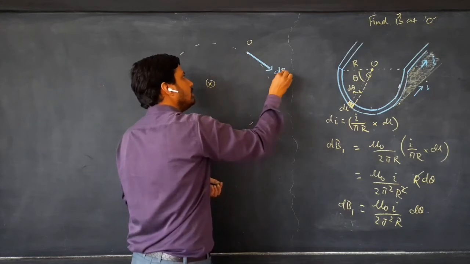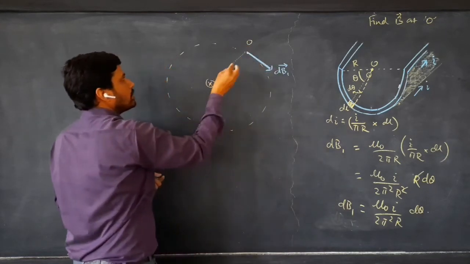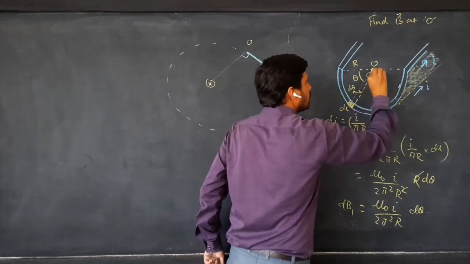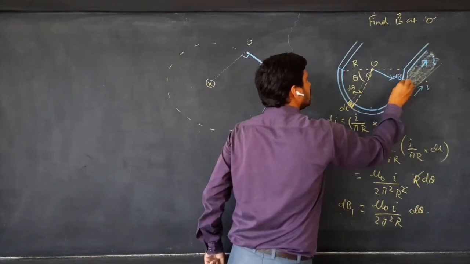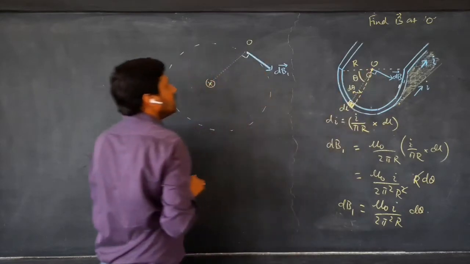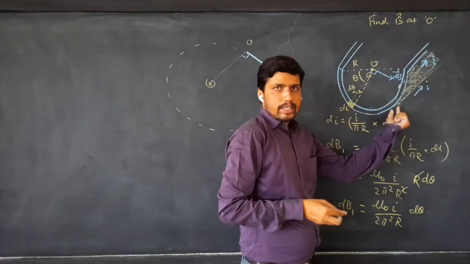So this is dB1 vector, perpendicular to this radius. This is dB1. This is 90 degree. Now a symmetric element we will choose on the other side.